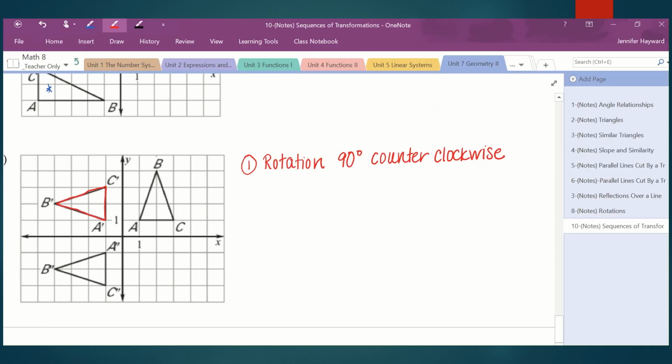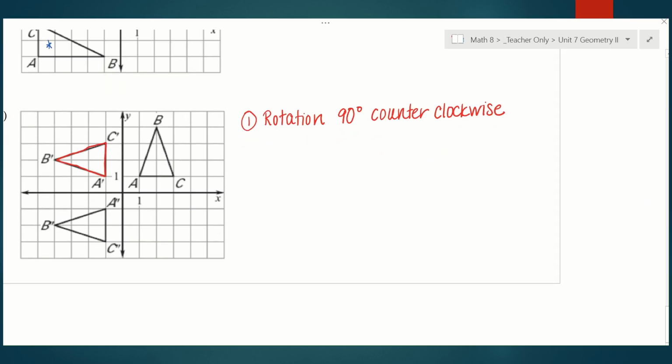Okay, one more thing happened. Somehow I then got to this triangle. If you look at it closely, you may originally think that it was slid, so you might think it was a translation, but if you look at the placement of the letters of your points, notice that if I were to slide that triangle down, my A's should not be where they are.